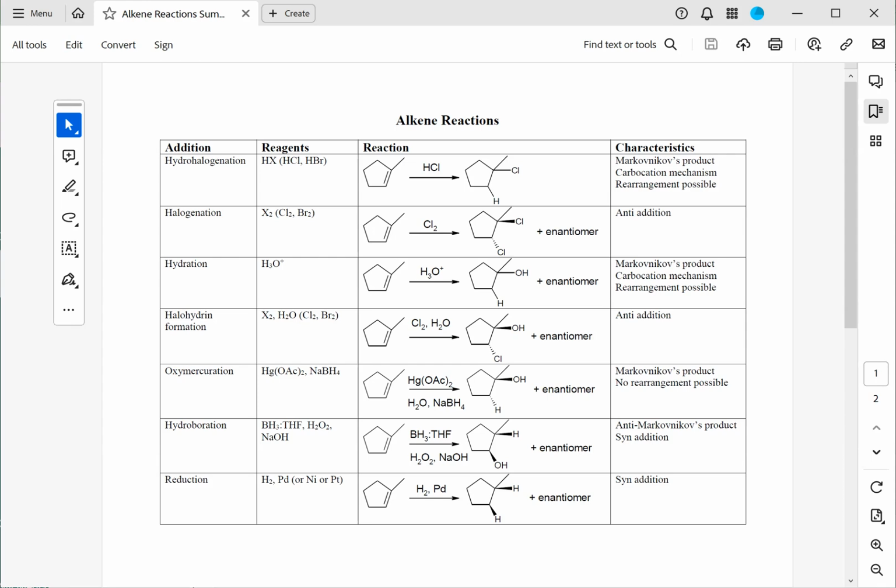When we did substitution and elimination reactions, all our substrates were alkyl halides. I was talking about primary halide, secondary halide, but I never really talked about how you make those halides, right? Sometimes you can just order them from the store, but even they have to be made somehow. So how do you make them? You make them using alkenes, okay?